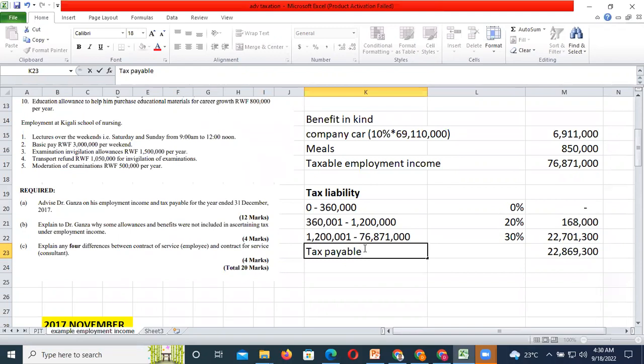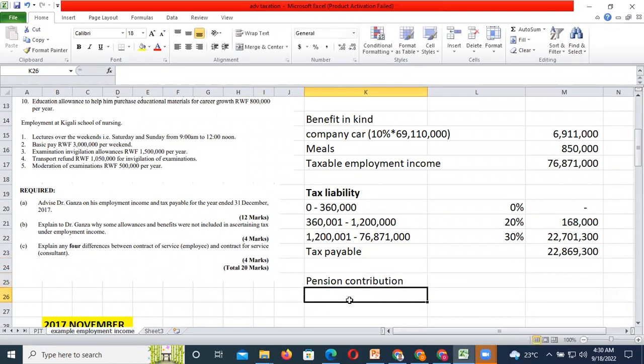Now, a question may not tell you to calculate the pension, but automatically it is part of the contribution that the employer has to give. So in that case, you need to compute the pension contribution. Pension contribution, employer, I'm not going to separate.